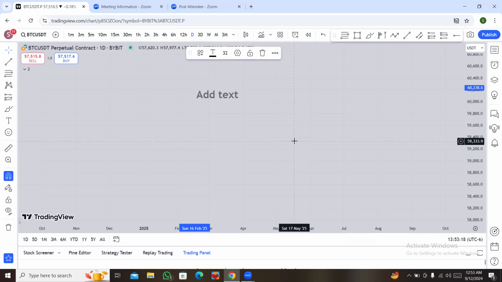So first, what you need is an impulsive move, like it will be upside straight away.